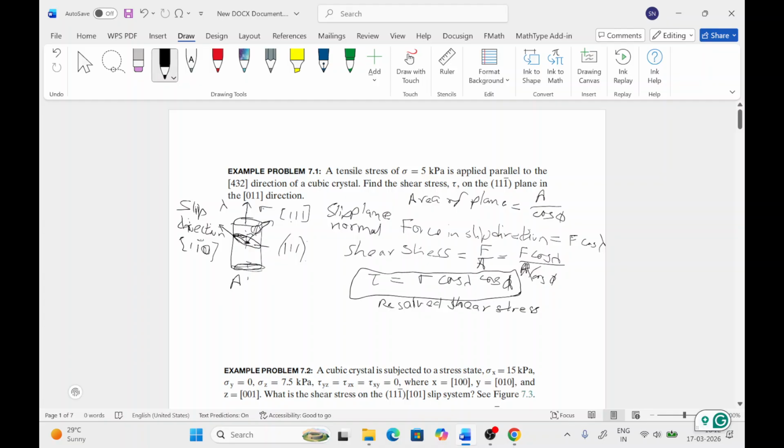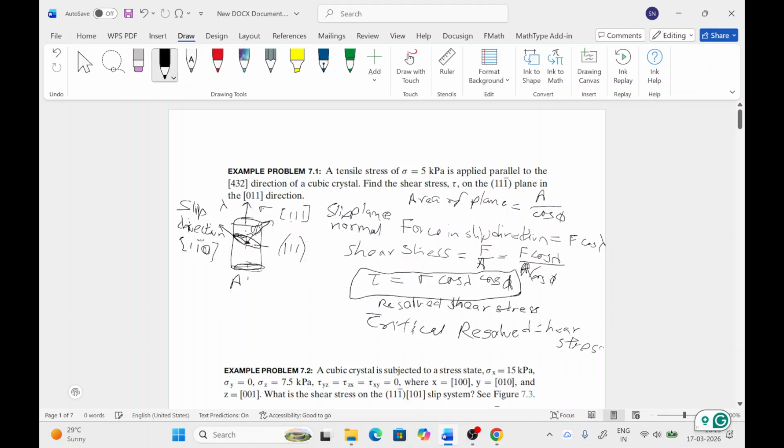That critical value we call the critical resolved shear stress, written as CRSS.